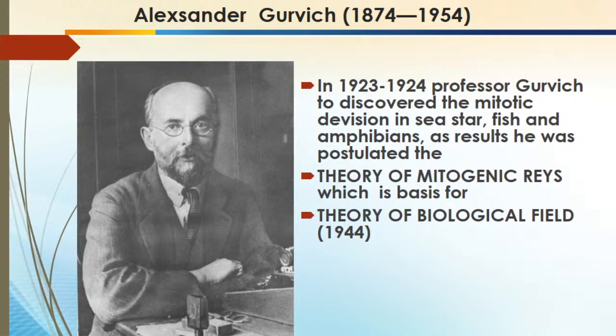These are the rays of life, as Gurevich named them, but later they were named mitogenic rays. This fundamental work was written in our university here in Simferopol, in Crimea, and after that printed in Moscow, and remains one of the interesting theories of biology and cytology.